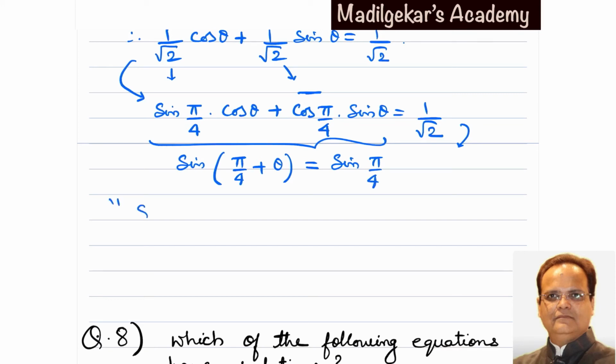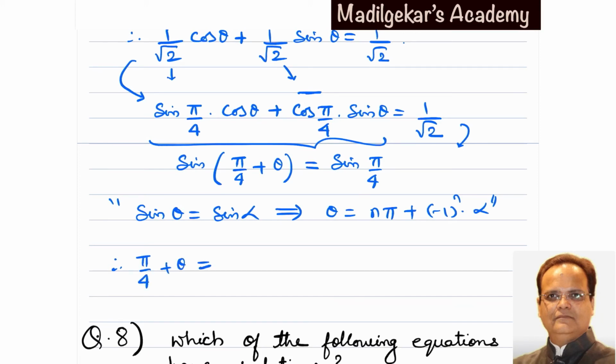Now apply the formula of sine theta equals sine alpha. Using this, it is theta equals n pi plus minus 1 raised to n alpha. So we have pi by 4 plus theta equals n pi plus minus 1 raised to n, and alpha is pi by 4.